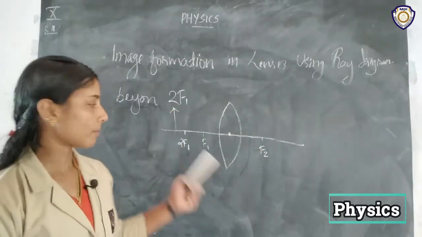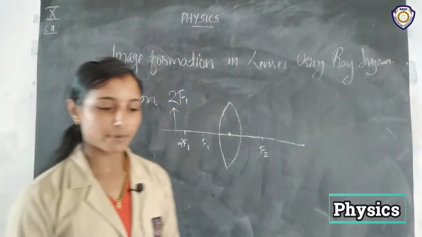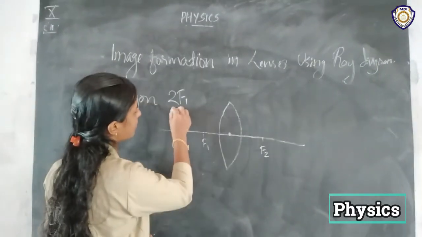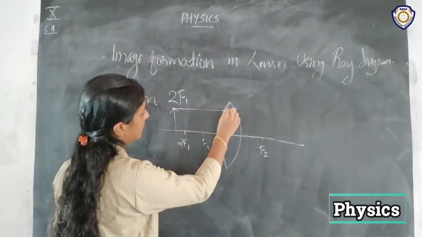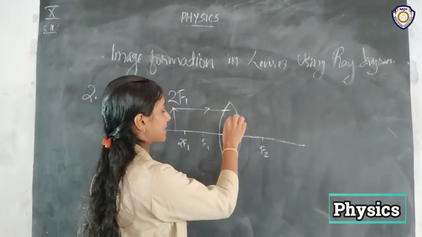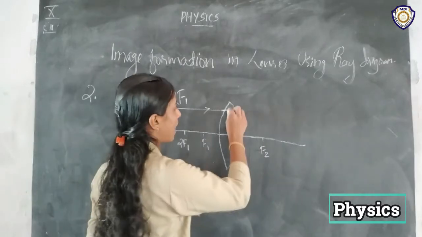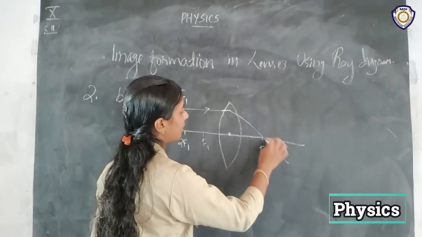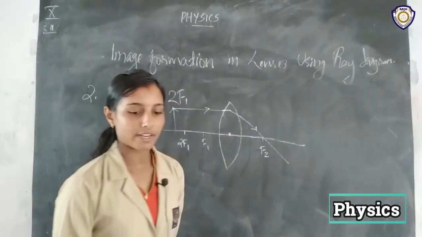Suppose here our object is placed, and we have to draw lines like this. This is the incident ray, and what happens? The incident ray parallel to the principal axis, after refraction, passes through the principal focus. So this is the refracted ray.